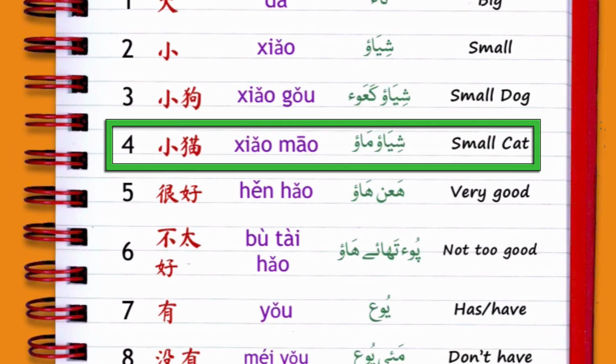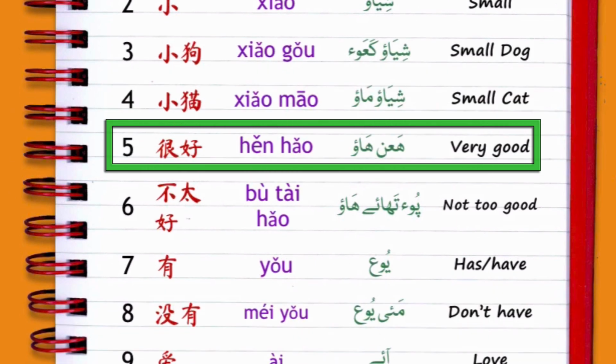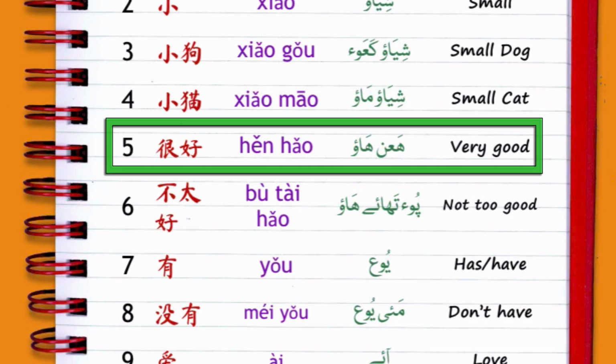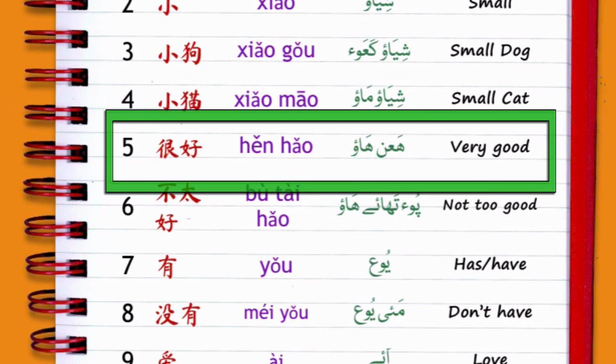Number 5. 很好 means very good. 好 means good and 很 means very. So 很好 means very good.